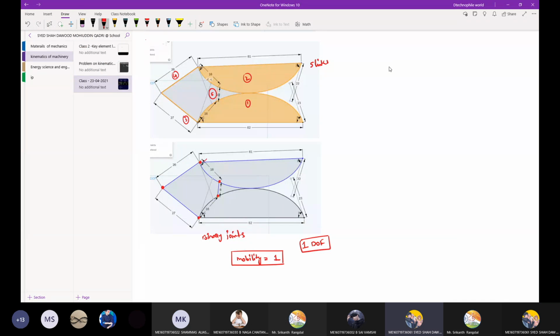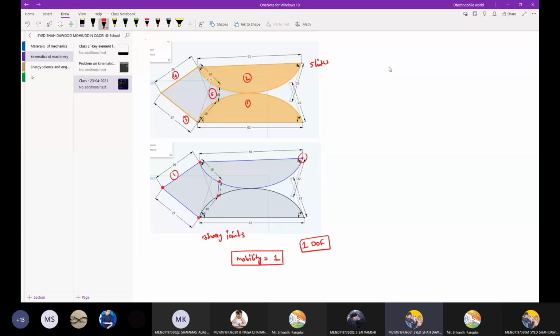Why aren't we considering these points from here to here, sir, as a joint? This one we are considering as a binary joint, right? So from here to here, it is also like a joint, no, sir? Why aren't we considering this top right one? Okay, at the top right one, how many links are getting connected?